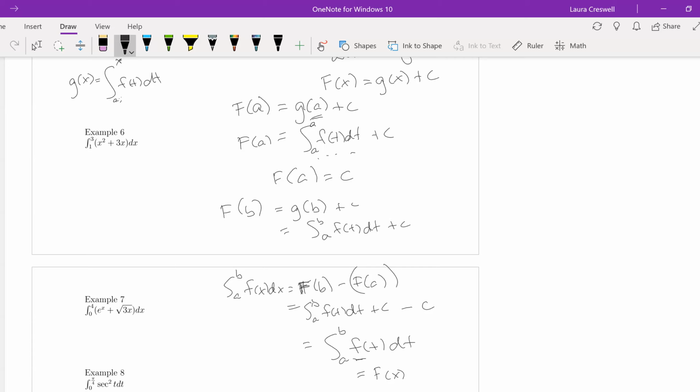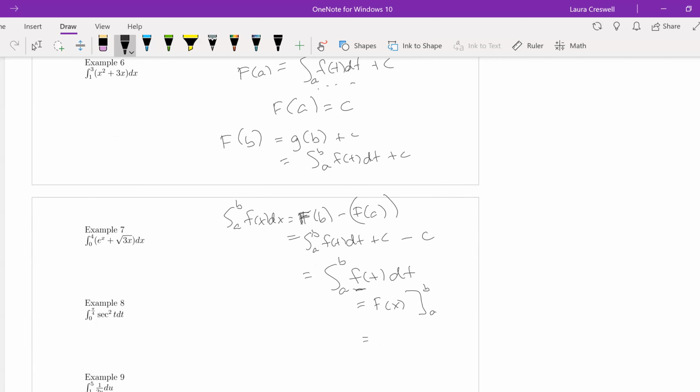You take the antiderivative, and then you say, okay, then I'm going to plug in a and b. You plug in the top number first, and then you subtract off plugging in the bottom number. So the area under the curve is connected to the derivative because it's the antiderivative. So the integral and the derivative are connected through the fundamental theorem of calculus.